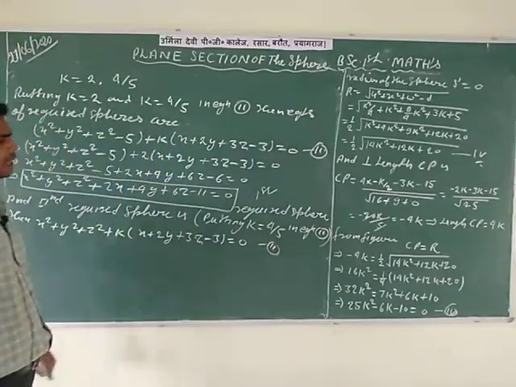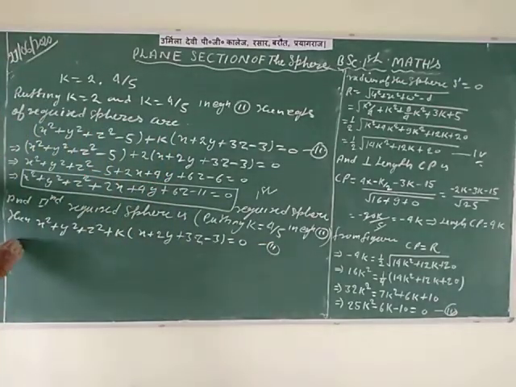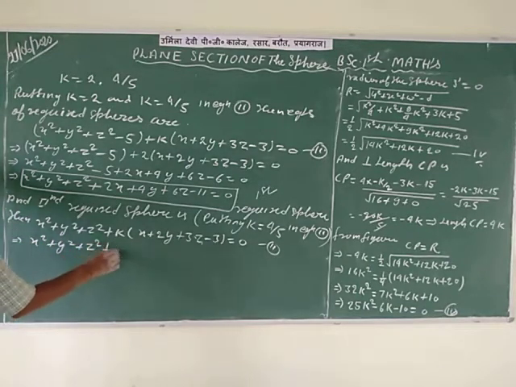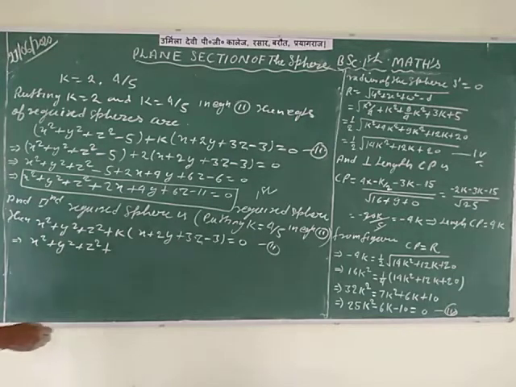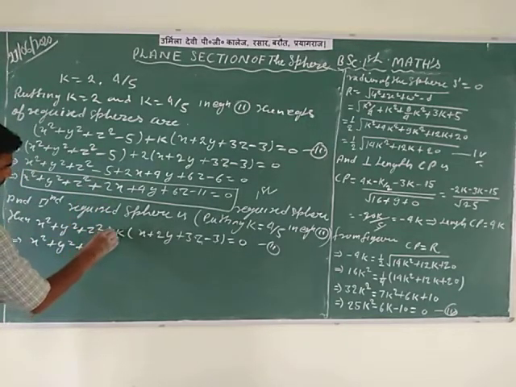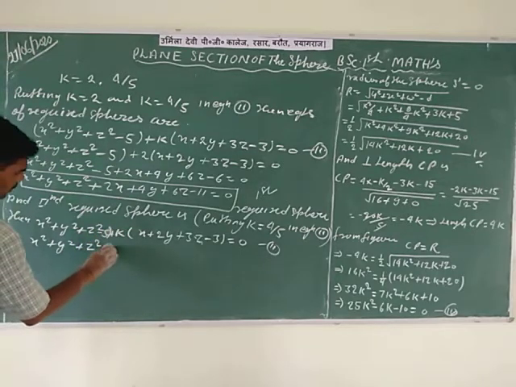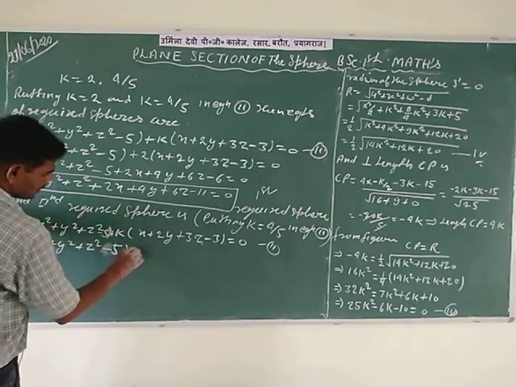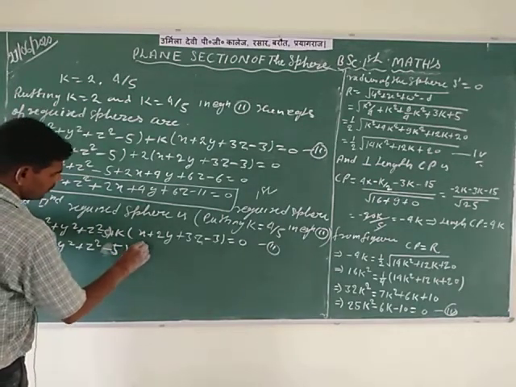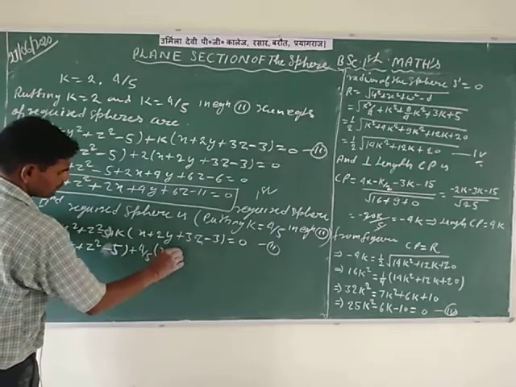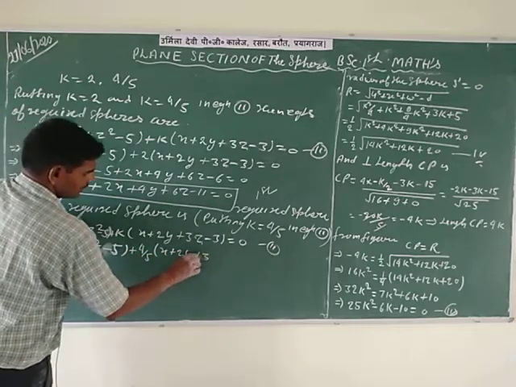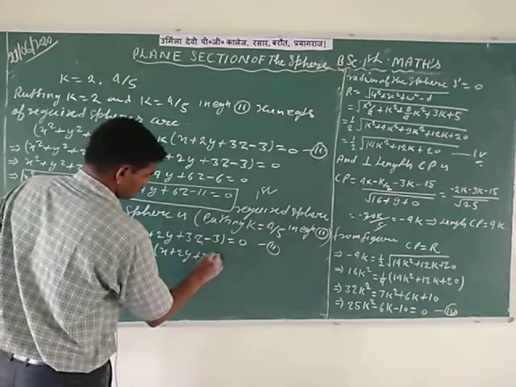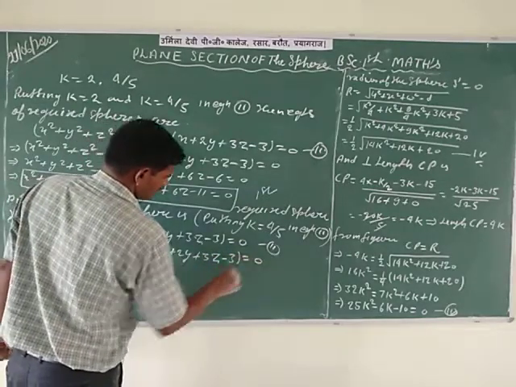In this, putting k is equal to 4 by 5, write in the simple form of the sphere equation: x square plus y square plus z square minus 5 plus k is equal to 4 by 5 in bracket x plus 2y plus 3z minus 3 is equal to 0.